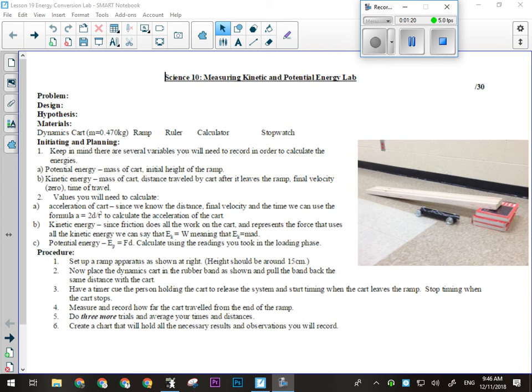Like when that cart goes off the ramp, what are the things we're measuring? Distance, time. Anything that we measure that happens as a result of the experiment is a responding variable. So obviously the final kinetic energy is the main responding variable, but there are other things that we're measuring that are also responding to what we do in this lab.